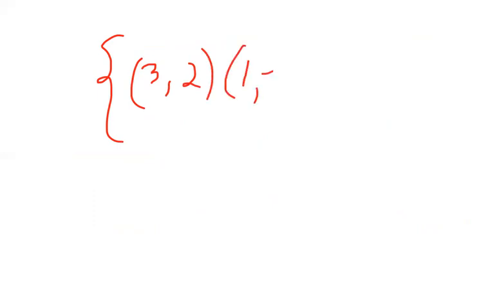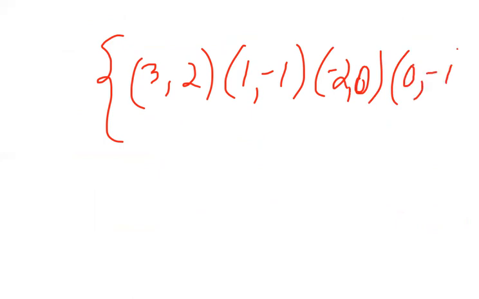So we're going to go back to relation A again. Remember, relation A had the following points, guys: 3 comma 2, 1 comma negative 1, negative 2 comma 0, and then 0 comma negative 1. Now, guys, we're looking at just the domain. Your x's, look at the x's.